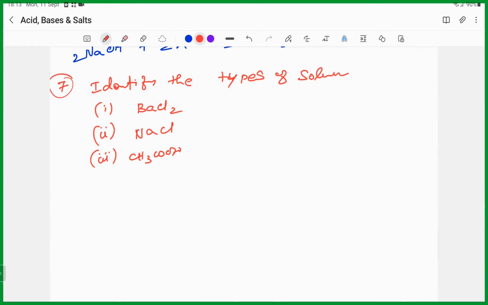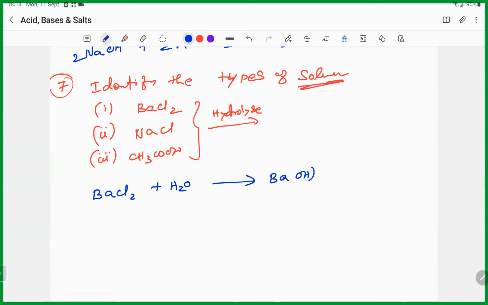Identify the following solutions obtained by the hydrolysis of the salts. When you are hydrolyzing barium chloride, what will you get? Hydrolyze BaCl2, what will you get? It is a weak base and a strong acid, so the solution becomes acidic.